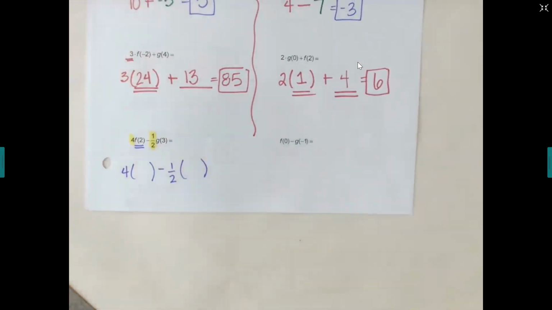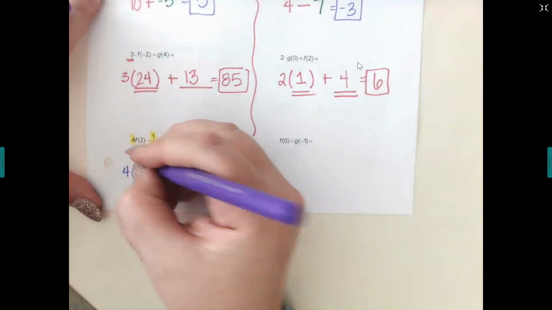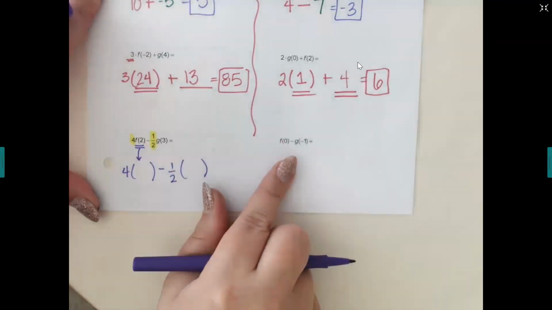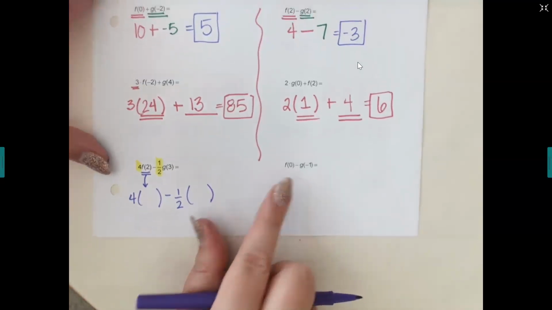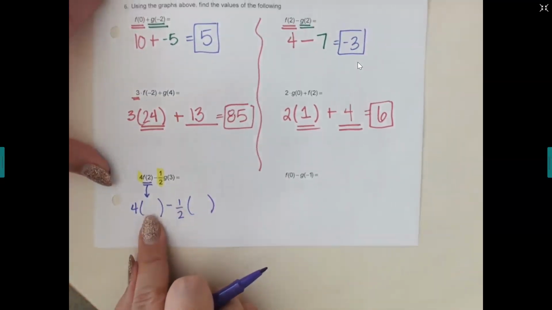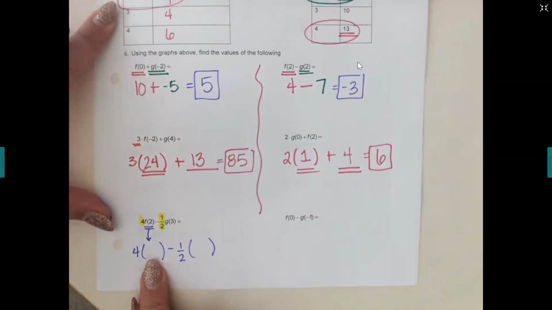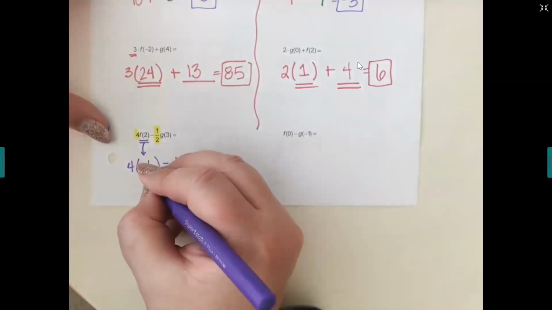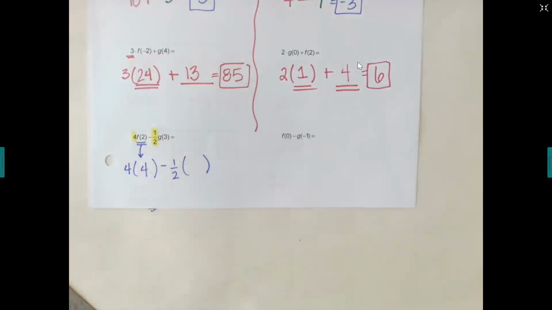Okay, and then if I want f of 2, I'm gonna need to use chart number 1. So what is the number for f of 2 here? F of 2 goes with 4. And then when I want G of 3, I'm not using the first one, I'm using the second one.